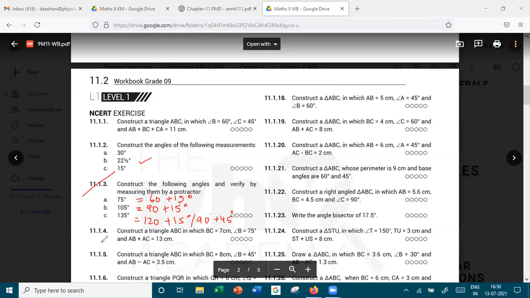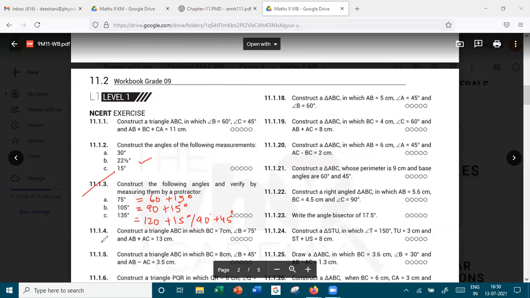But if I say something like 11.5 or 10.5, then multiply and check. So 10.5 would give you 21. Again 21, if I multiply by 2, I would get 42, right? I can't really make 42 degrees, so I would say it's not possible to construct.